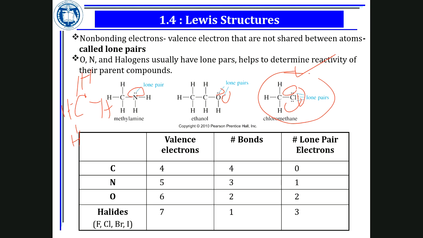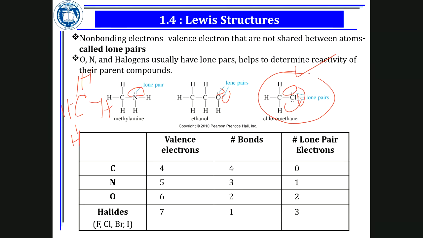Carbon is not supposed to have any lone pair because it's not stable. Carbon must have 4 bonds. We talked about carbon being tetravalent yesterday. And when we have heteroatoms, nitrogen, oxygen, chlorine here is called the heteroatom. That means these elements are not carbon or hydrogen. Carbon and hydrogens are the main 2 elements for organic molecules.